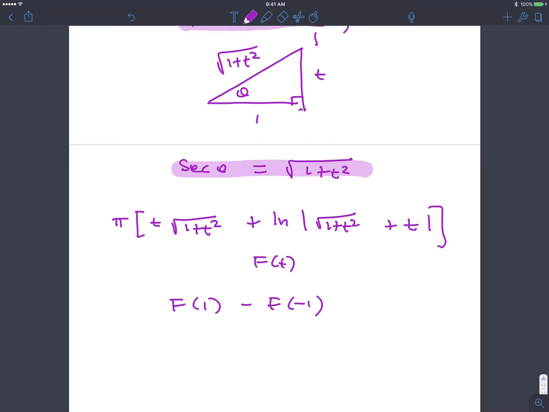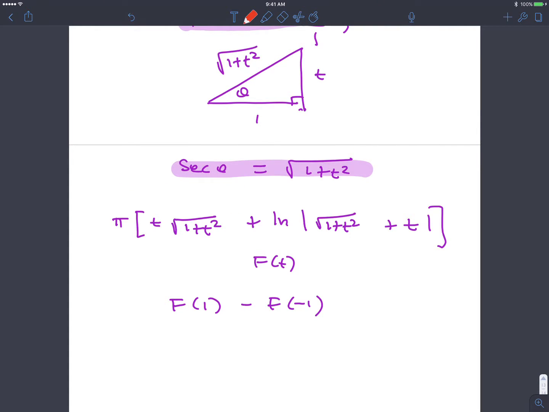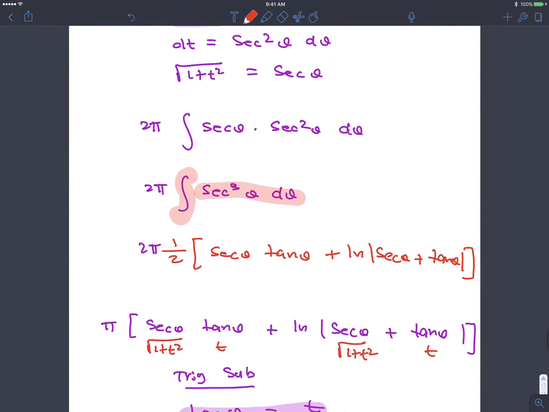Now, I don't know about you guys, I really don't like doing a lot of work. You know what I'm going to do instead? Tell me if you guys agree with this. Tell me why. I think I can say this is double, and I'm going to get rid of this one and say that this is going to be 0. Can I do that? Yeah. Anybody know what I'm talking about?